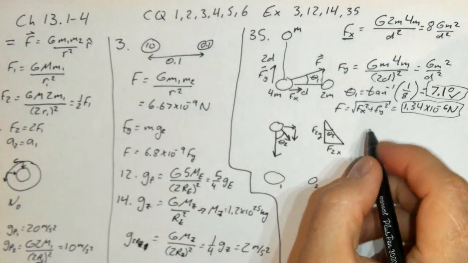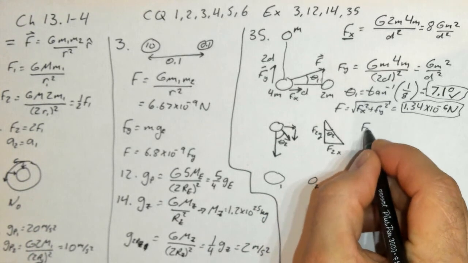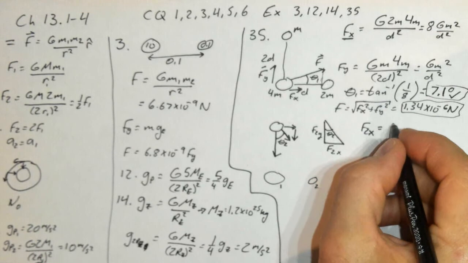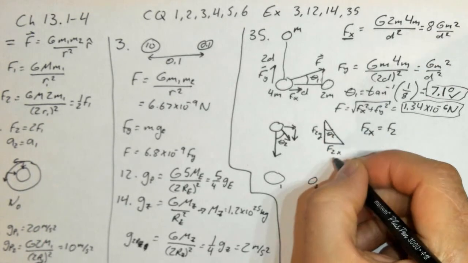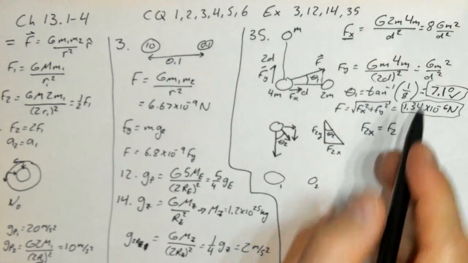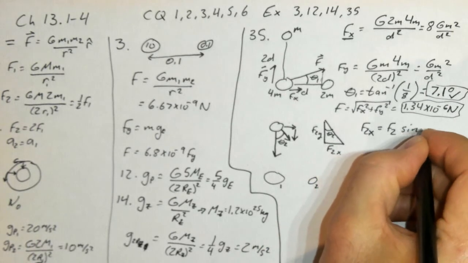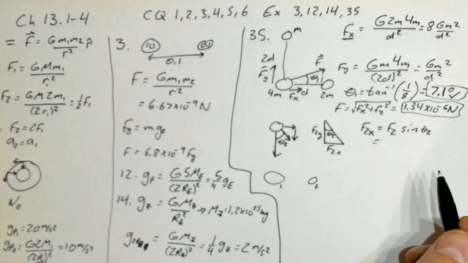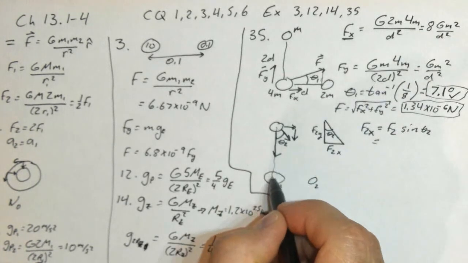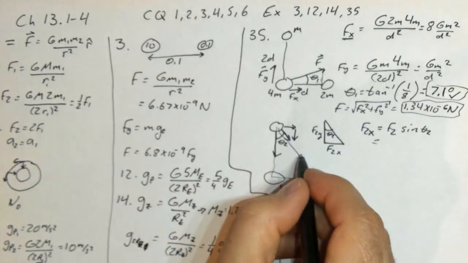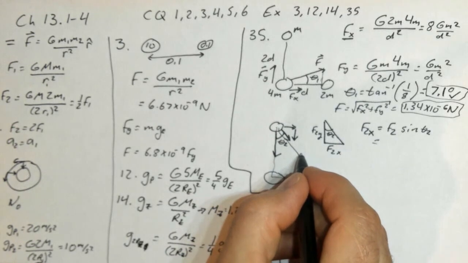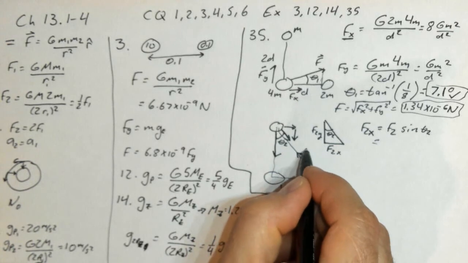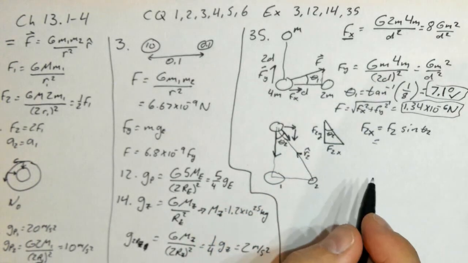All right, so to find f2x, I need to say this is going to be f2, and that, my x, from the angle I chose, is sine, because it's opposite, sine of theta 2. Well, what is f2? This is r, this is the one being acted on, so my r vector points this way, r hat, this will be r2.